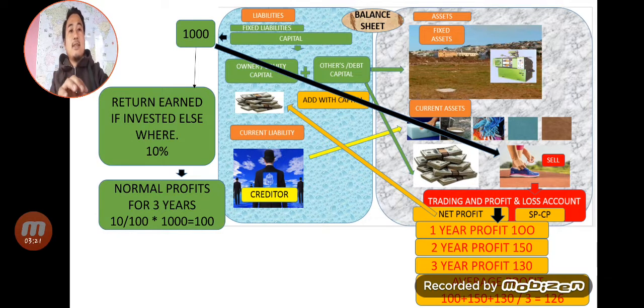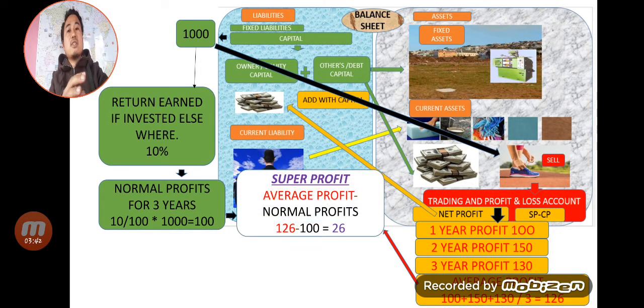And on the right hand side, by investing 1000, this is option number 2, the profit is 126. So this particular business is giving more return. Obviously 126 is more than 100 rupees.